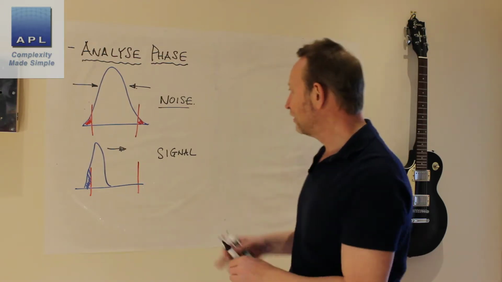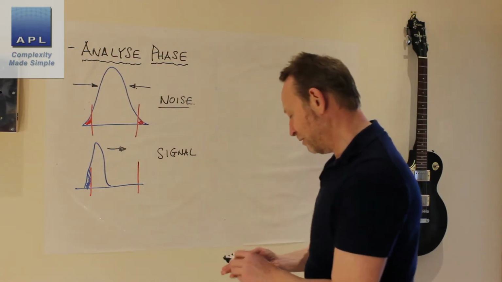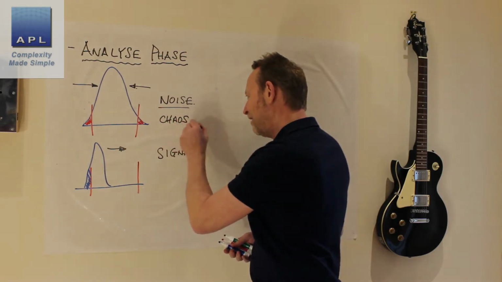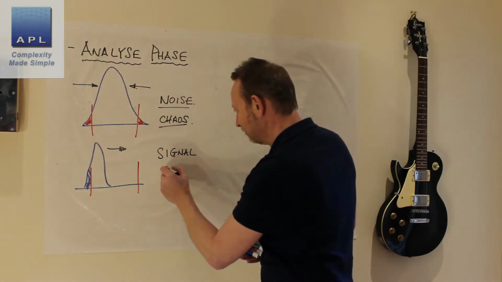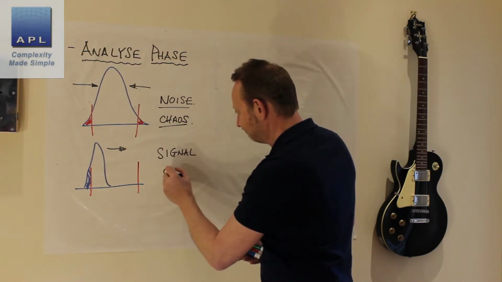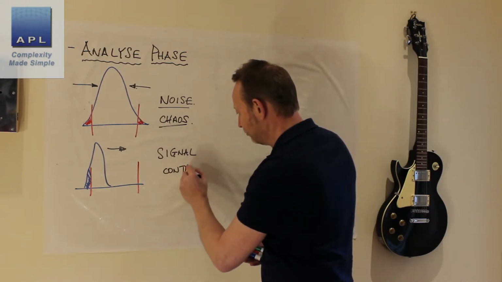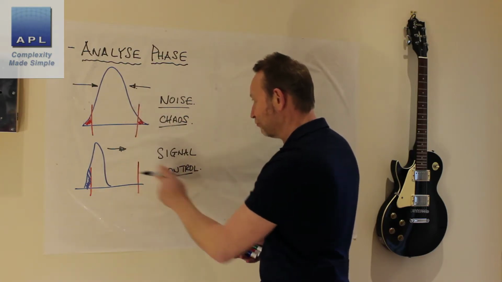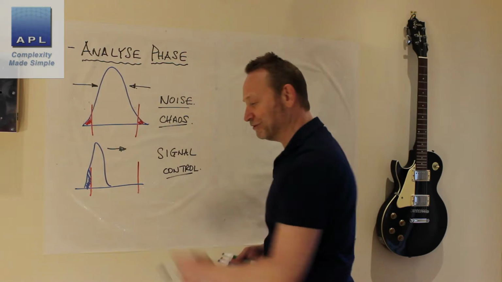So let me show you. If you've got this problem, by the way, another way to describe this process is that it has to have the chaos removed. This process is all about control. So I would also refer to this as chaos, this is control, this is noise, this is signal.